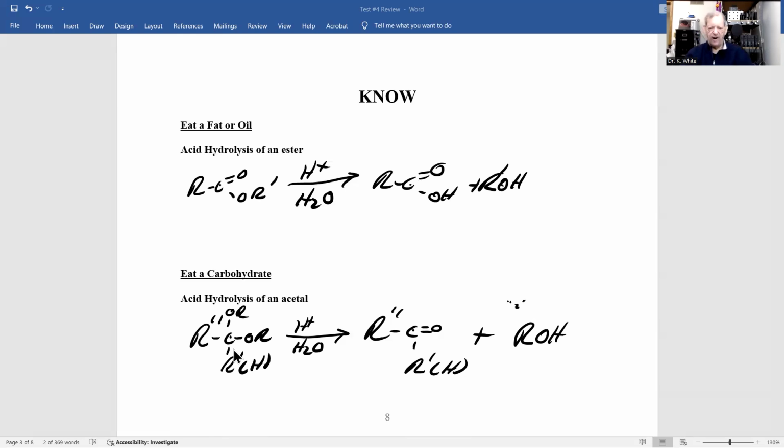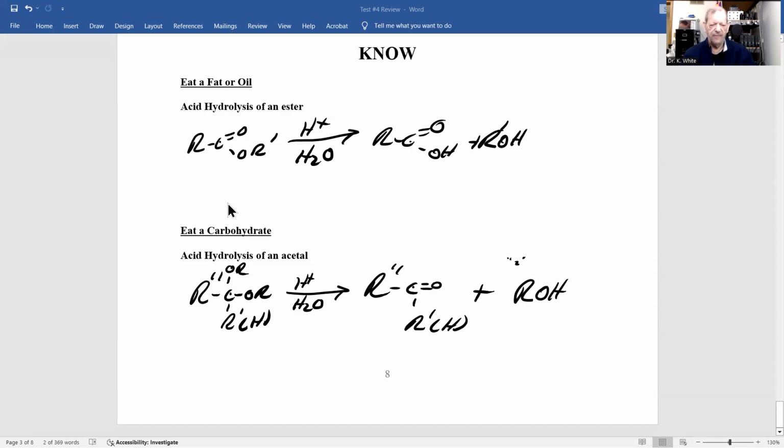So you should know, leaving my class, how to describe with words and a general reaction, first of all, what happens when you eat a fat or oil. And that's acid hydrolysis of an ester. And the general reaction is, you learn for test 3, ester, acid, water, you get back the carboxylic acid plus the alcohol you would have used to make that ester.